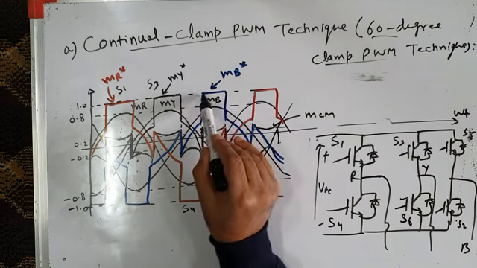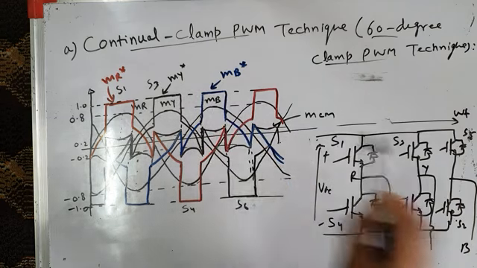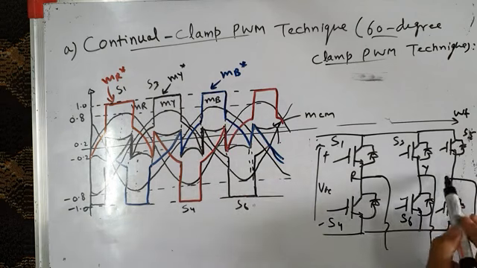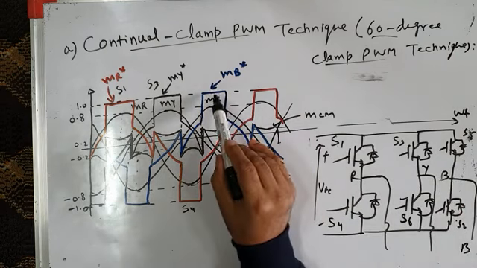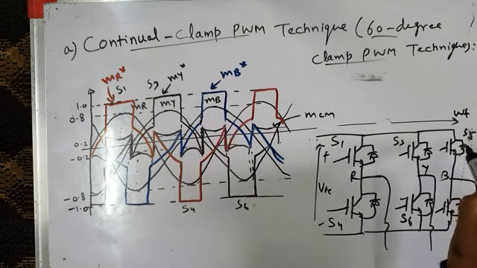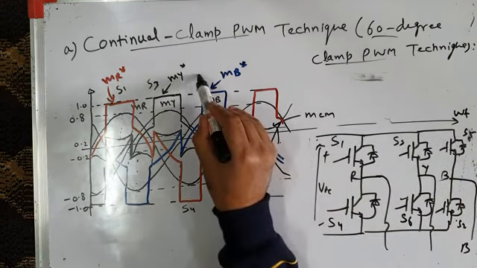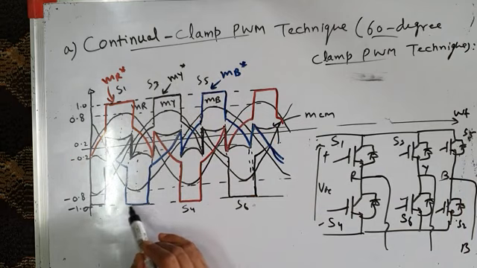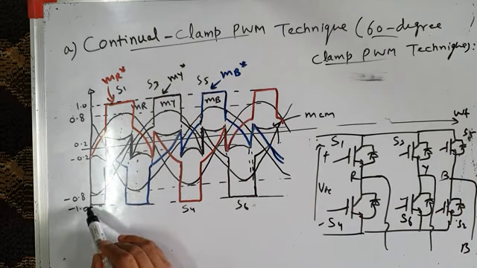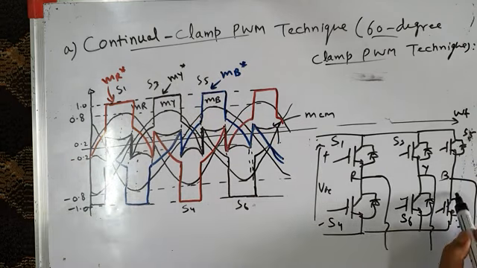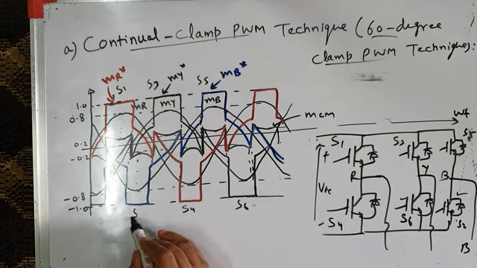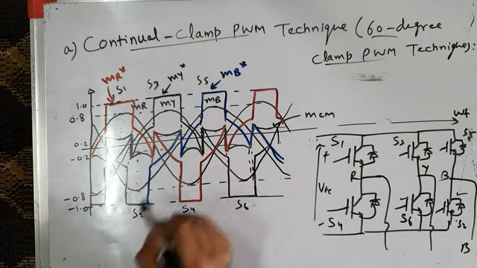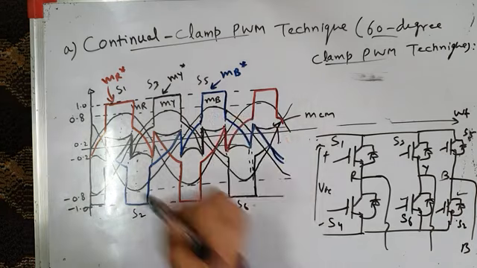Take phase leg B. Over this 60-degree interval, this phase leg B is clamped to positive DC bus. That's possible only when the top switch is conducting, S5 is on. And over the negative half cycle, over this 60-degree interval, it is clamped to negative DC bus, which is possible only when the bottom switch S2 is conducting. So therefore, S5 and S2 are equally conducting for 60 degrees each.